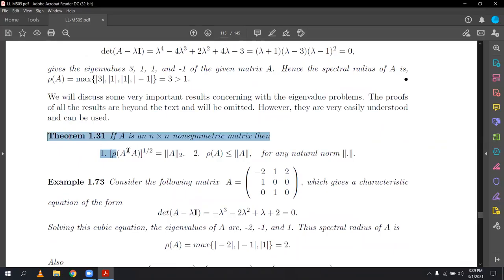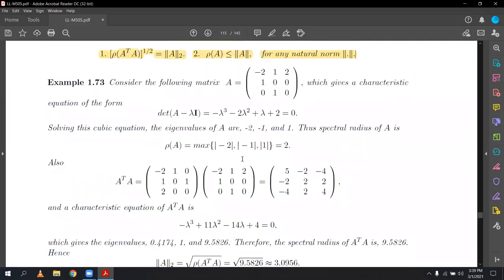And I give you here that if the matrix is non-symmetric, then the A2 norm we can find with the help of this formula. And the second condition, the spectral radius of A is always less than or equal to the norm of A, any norm, A2 norm or L infinity norm, you can use that one.